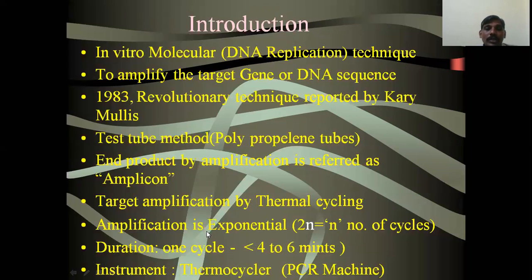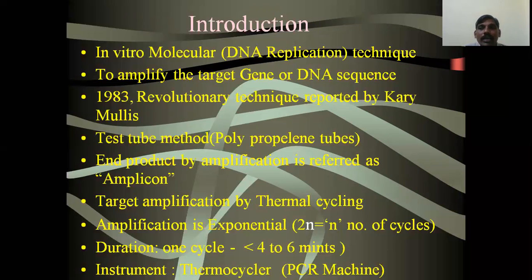Moreover, the amplification is exponential. Exponential means there is one relation: the products of the first reaction serve as substrates in the following reaction. In this way, a copy of a DNA molecule is taken as a template. From this template, we get 2 copies.